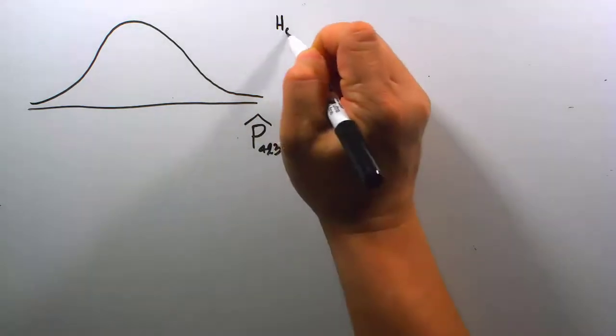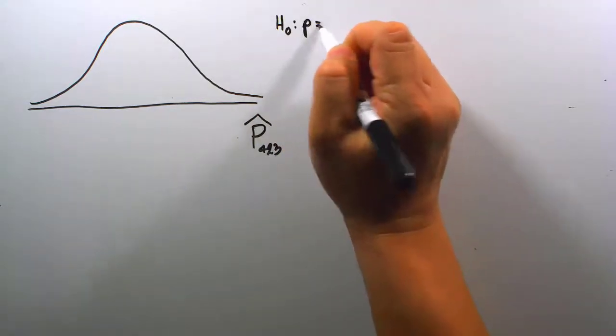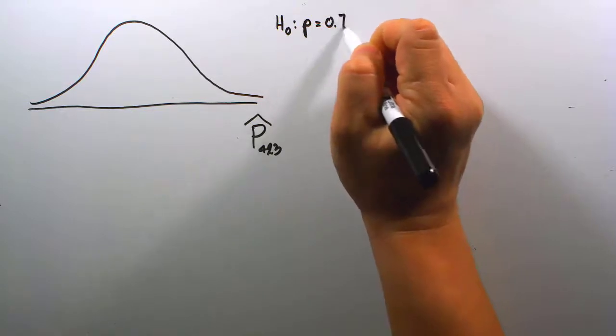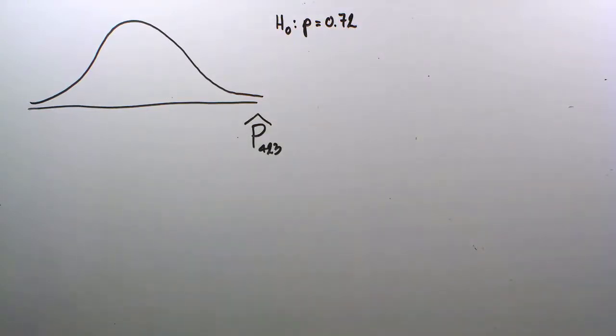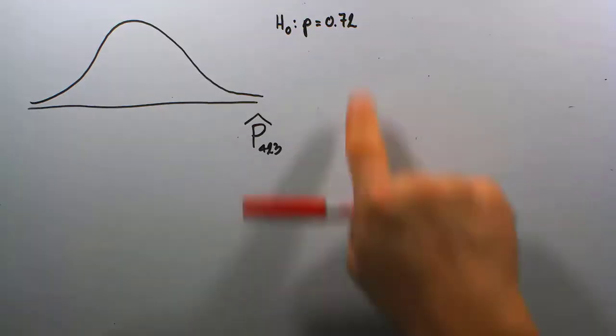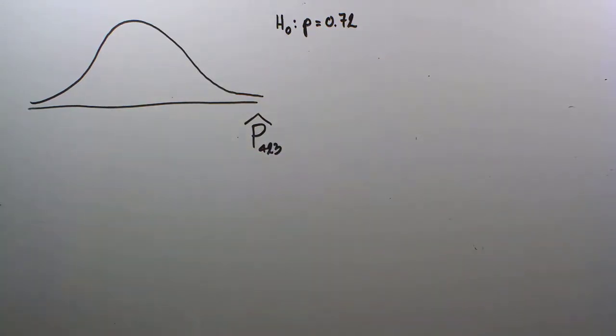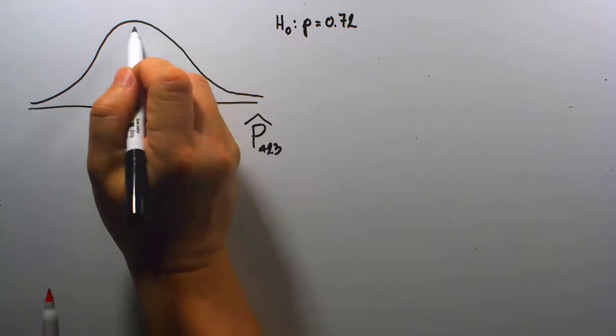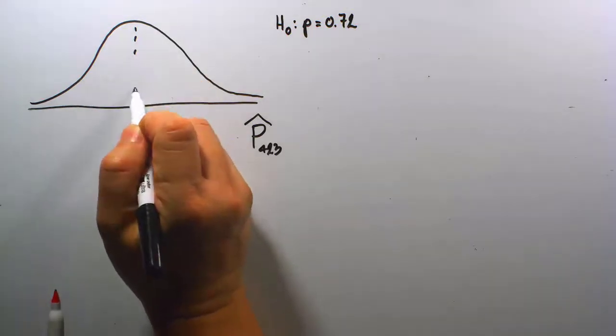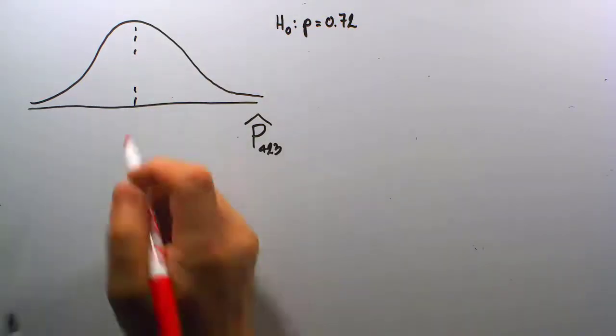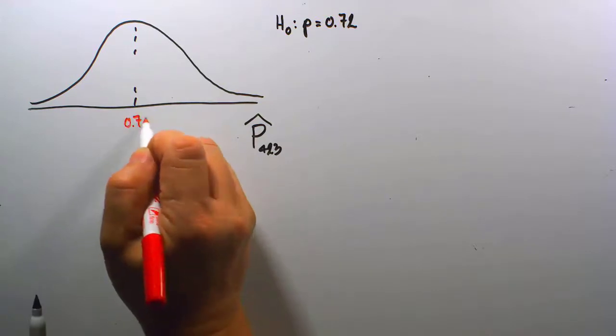With our null hypothesis stating that p equals 0.72, we have already learned that this value 0.72 is going to be the center of this bell curve. And this center is at 0.72.